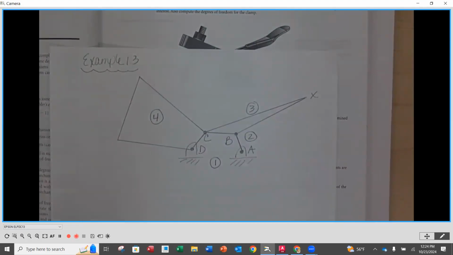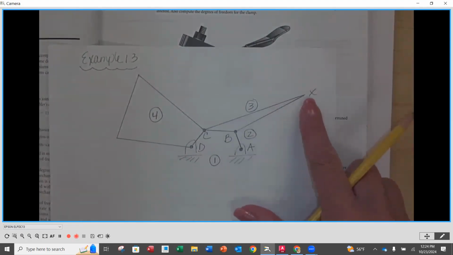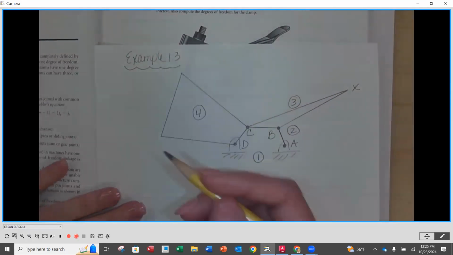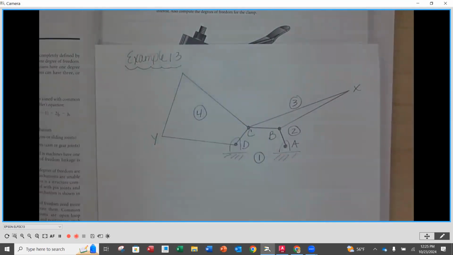Notice I don't have a pin joint at point X here, because that's just the extent to the end of the handle. Oh, and what I didn't do, and I'm realizing that here, I would probably call one of these or both of these another point of interest. So if you wanted to label the points out there, that's fine.